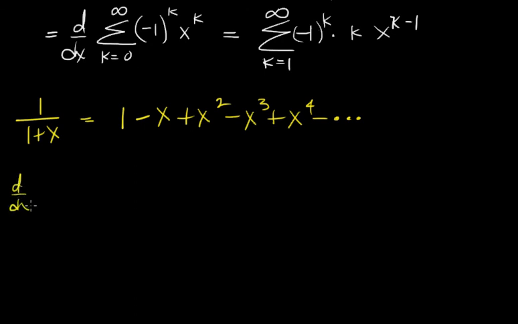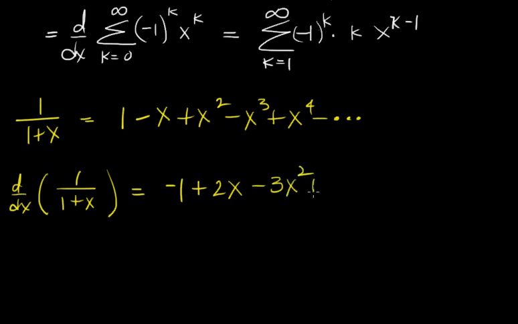If I want to differentiate that, the derivative with respect to x of 1 over 1 plus x, I can differentiate term by term. Notice the front term drops off, and I get minus 1 plus 2x minus 3x squared plus 4x cubed minus, and so on. And that's exactly what you did get right here.